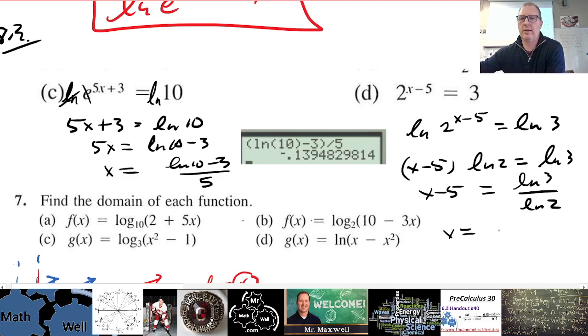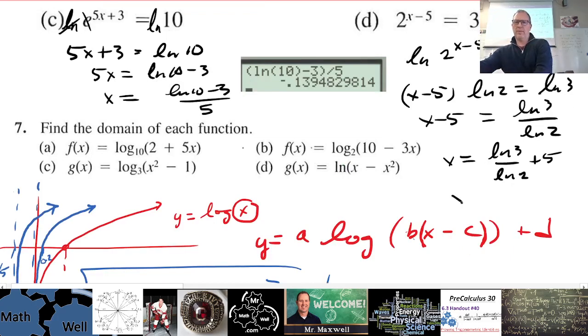And ln of 3 over ln of 2. Are there any rules for natural logarithms being divided like that? Sorry, plus 5. So the change of base formula. We could use the change of base formula in reverse, I guess.